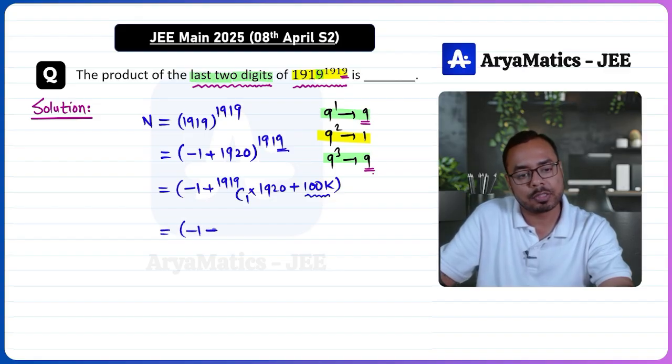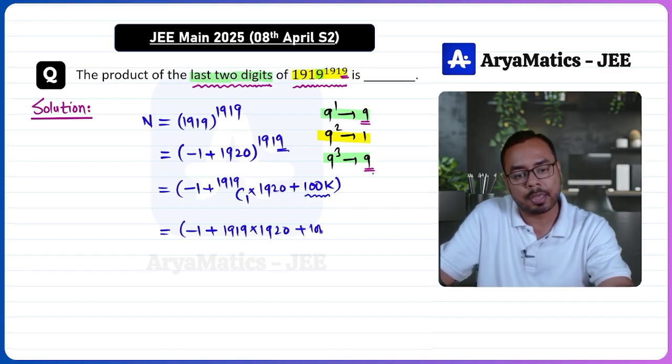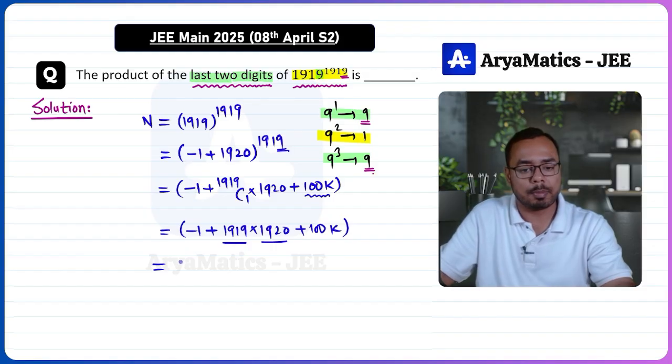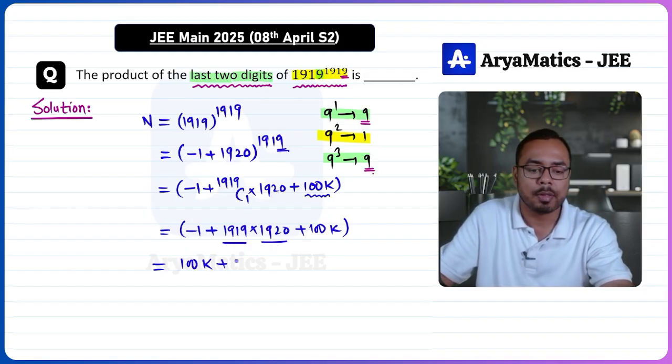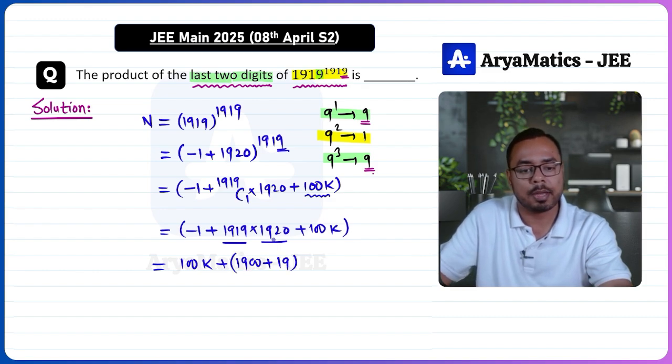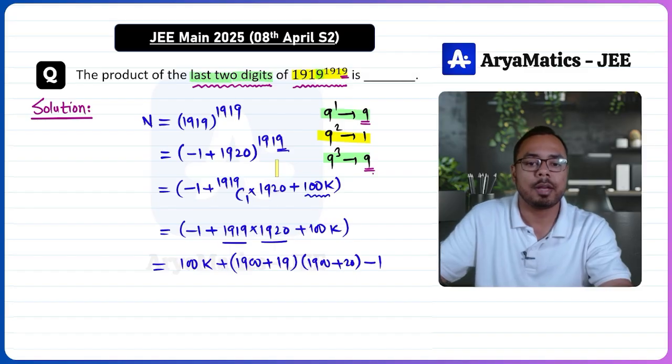And now we have -1 plus 1919, and this multiplied by 1920 plus 100k. Now here also, if you want, you can save some time and write 100k first, and then write this number as 1900 plus 19, right? And the other number you can write as 1900 plus 20 and then -1. Why are we writing in this form?